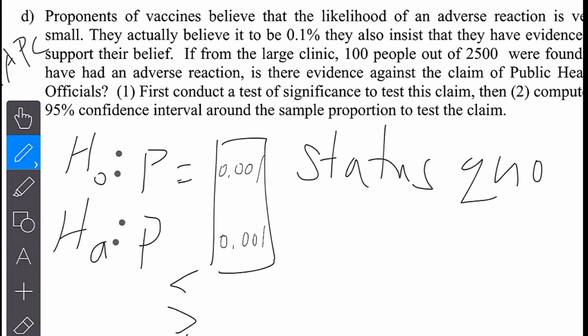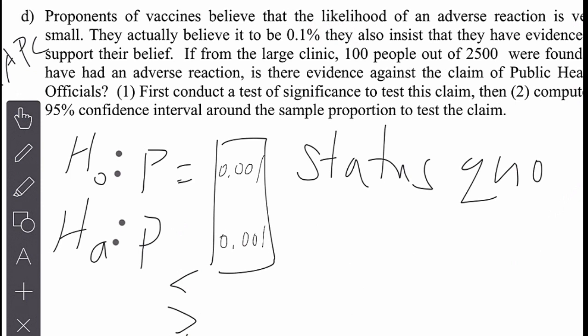Okay, so we have to decide, is this a problem? Are we looking for it to be less, to be greater, or not equals? I could work with this, that they actually believe it's 0.1%, so then this would be a greater sign. But if I'm not clear, you should use the not equals.